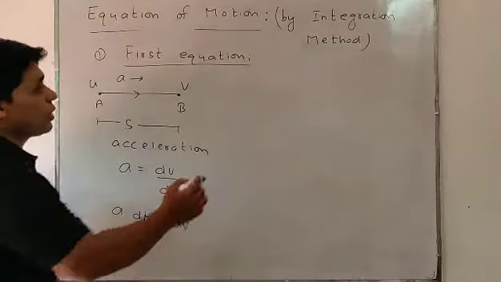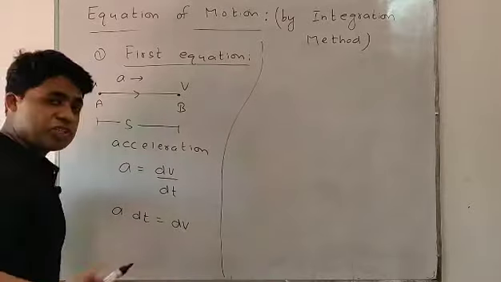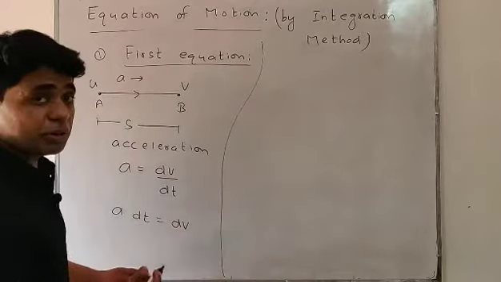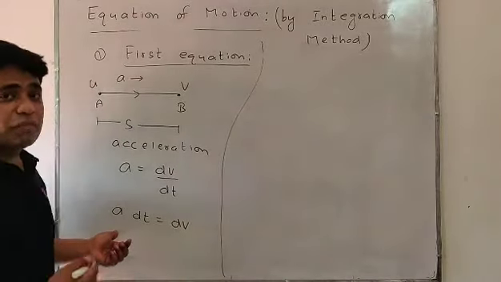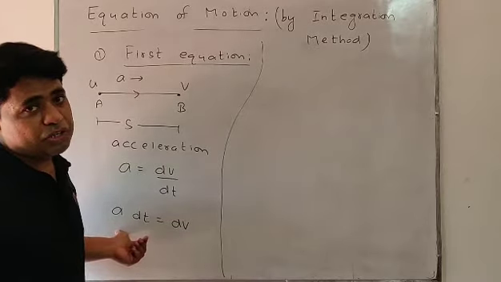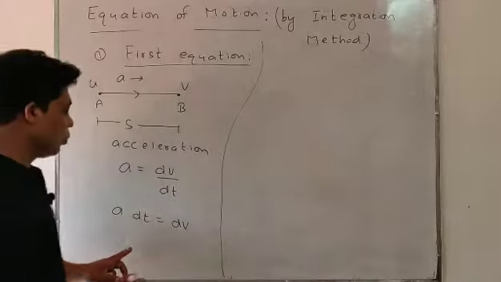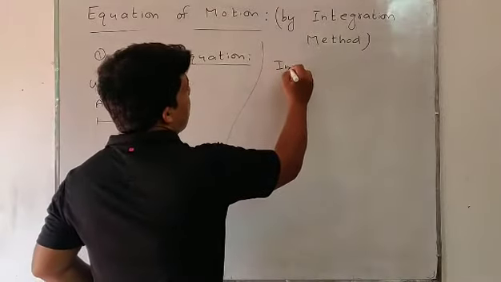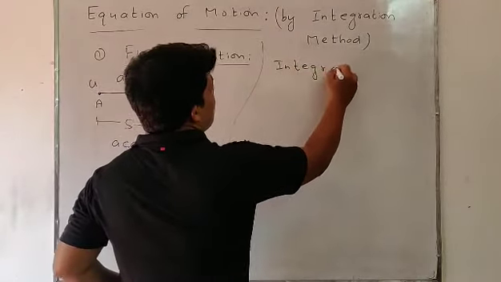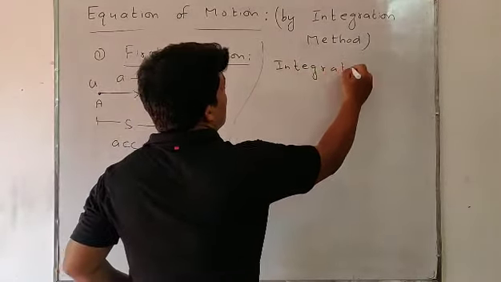So integrating both sides. We did differentiation, we did integration. Before starting this chapter, we did the basic terms, differentiation and integration, for solving derivations and numericals. Now integrating both sides.